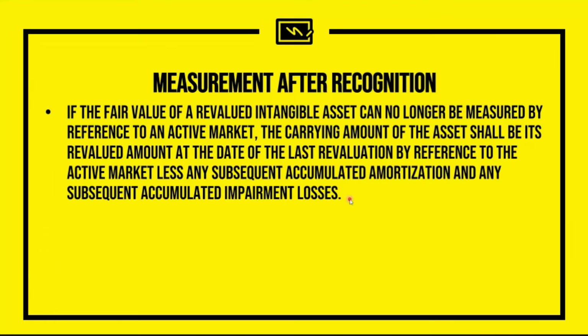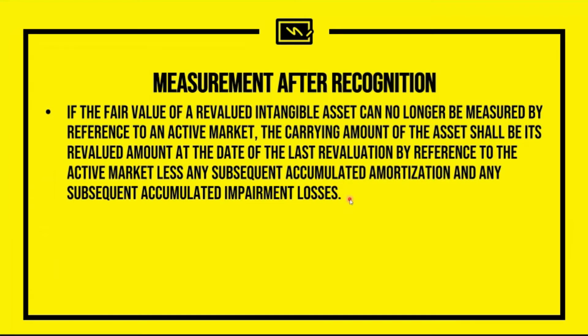So what are we trying to say here? It simply means that at the last time that we have reference to a fair value under an active market, that will effectively be the cost that will be subjected to amortization and impairment in the succeeding periods. So in other words, we're simply just going to depreciate it.